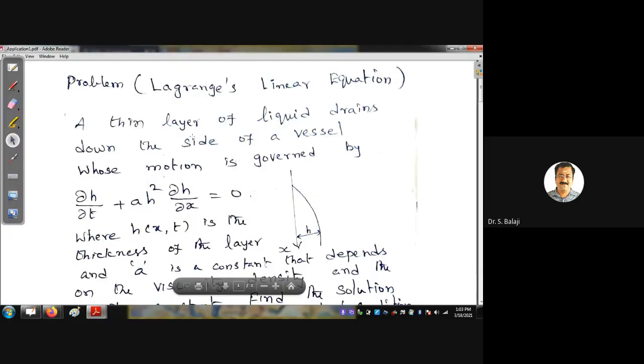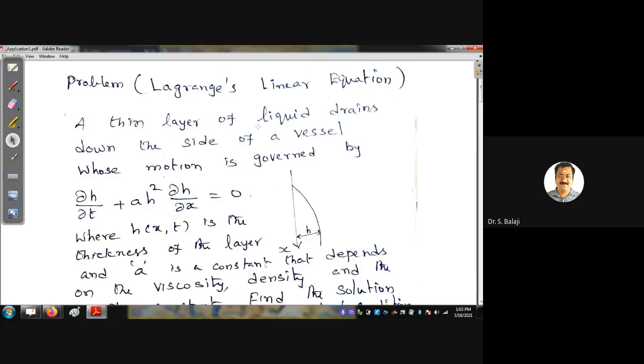The first one is the liquid down the side of a vessel. Liquid drains down the side of a vessel. A very simple problem that contains Lagrange's linear equation.